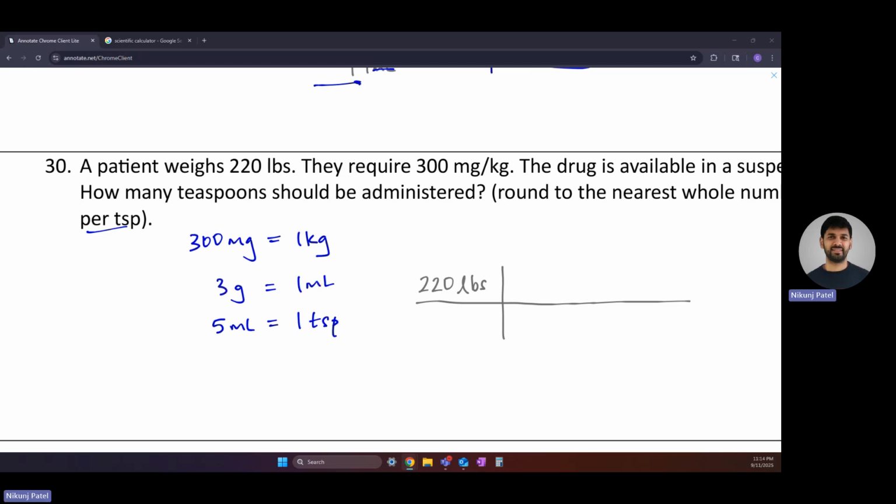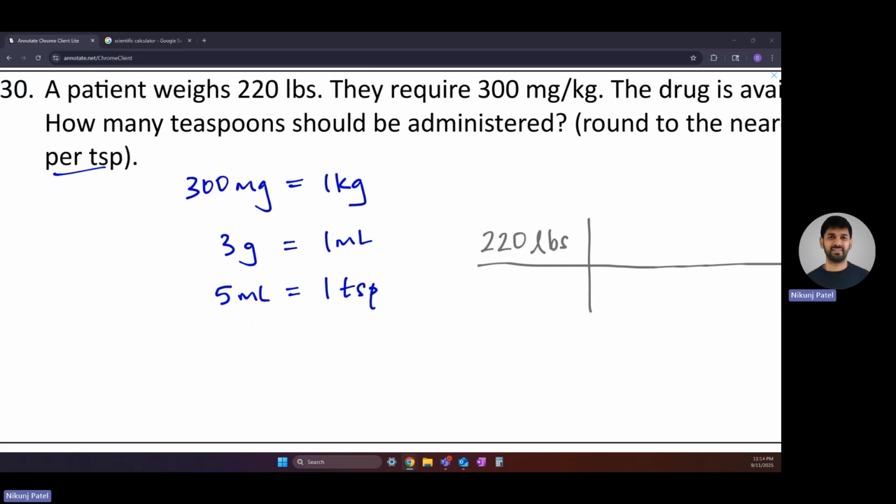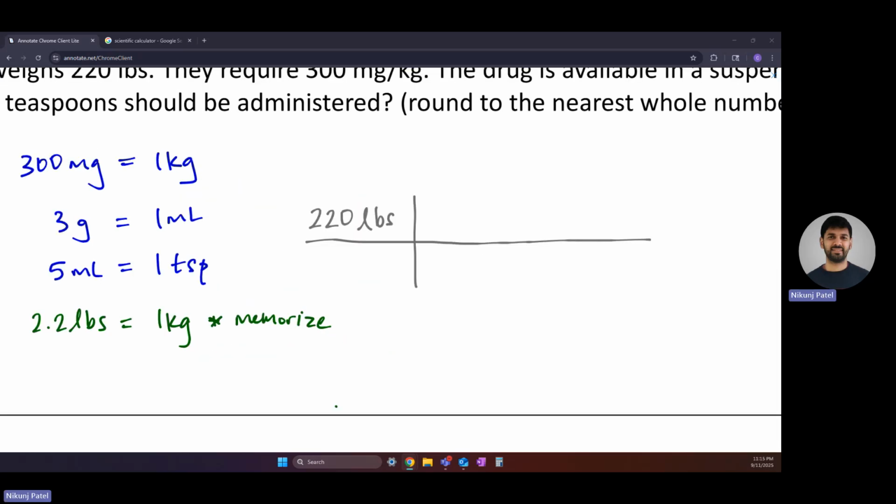Well, that's because we're supposed to use our very common conversion that 2.2 pounds is equal to 1 kilogram, just like we saw in the previous few questions. This is a very common one, probably one you should memorize. So now we know in our chart that we can put 2.2 pounds down here and 1 kilogram up here.